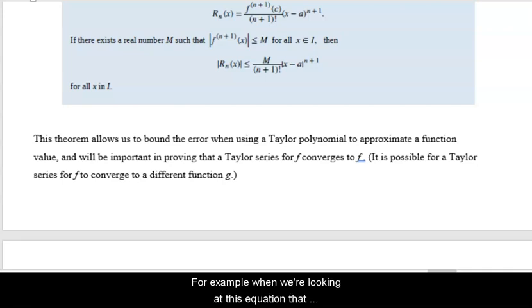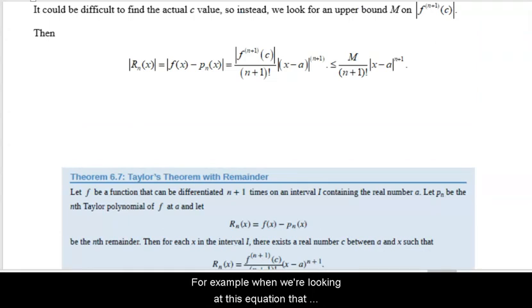For example, when we're looking at this equation that we had a moment ago, if I know what the value of M is, and I know that I'm using the fifth Taylor polynomial, M is a constant, and this would be 6 factorial since I'm using the fifth Taylor polynomial. I know the center, which is a constant, and again, n would be 5, so n plus 1 is 6.